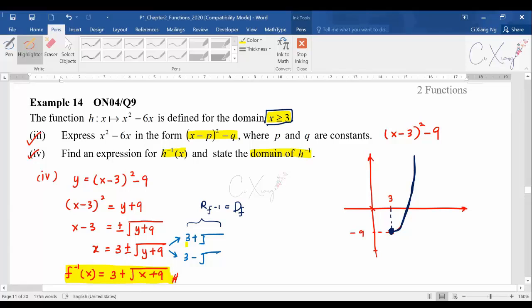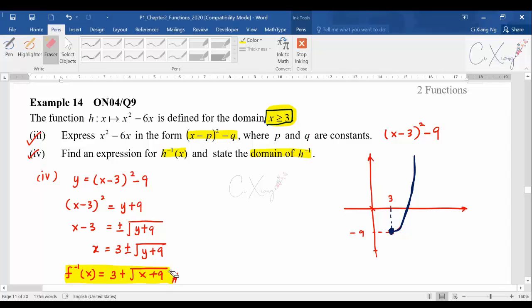Therefore you choose 3 plus something, because 3 plus something will give you the answer more than 3, while 3 minus something will give you the answer less than 3. So you should consider the answer 3 plus something. This is how we choose the correct inverse function for a quadratic expression.